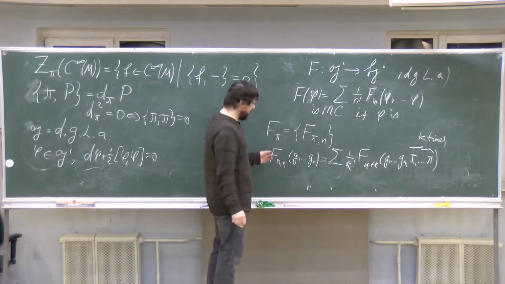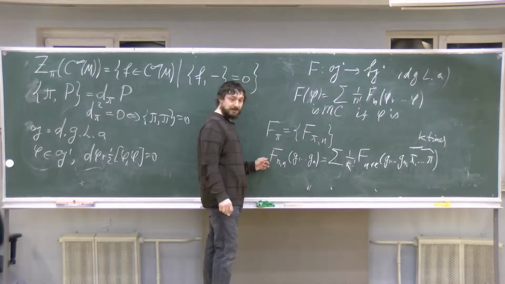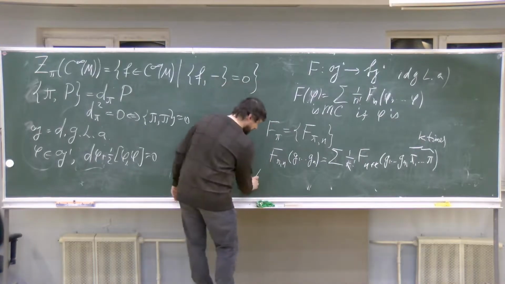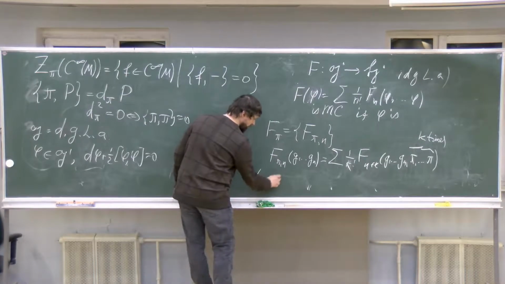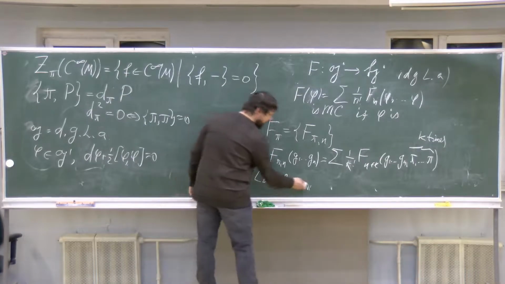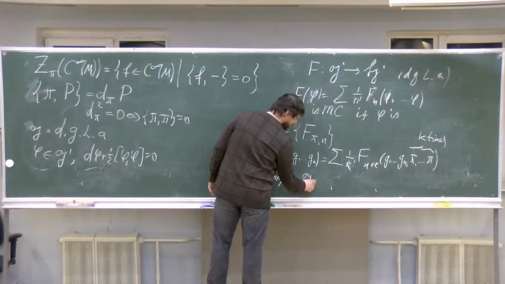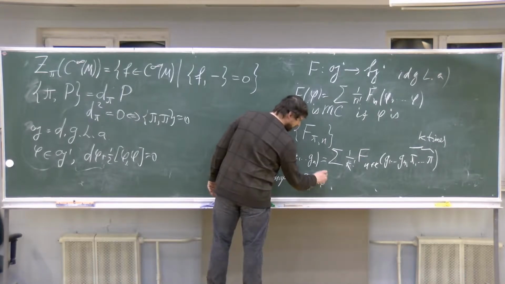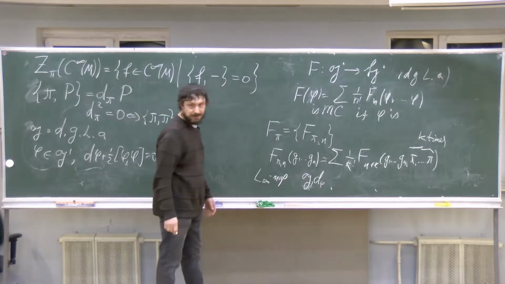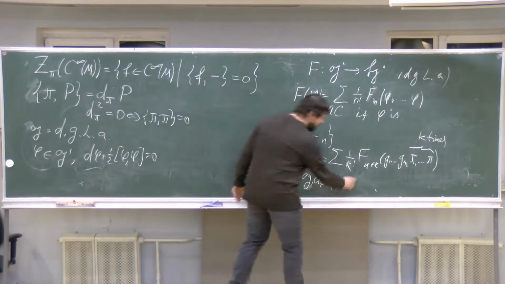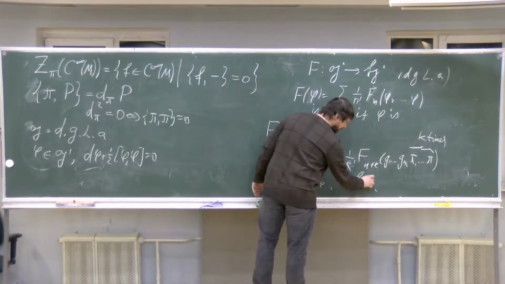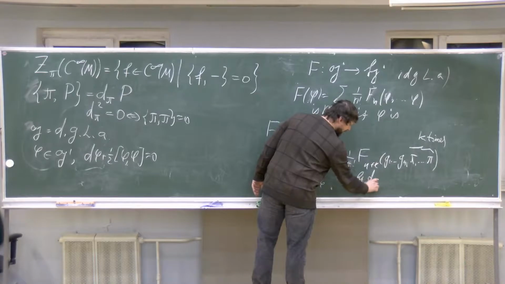It turns out that this is an L infinity map between G endowed with the differential d sub phi and H endowed with the differential d sub F of phi.